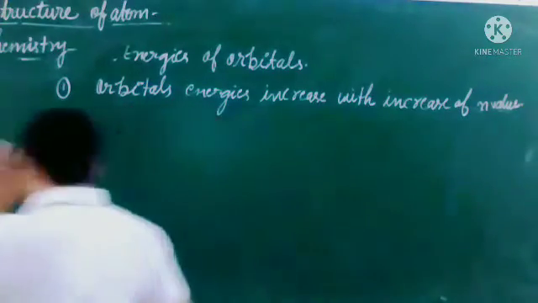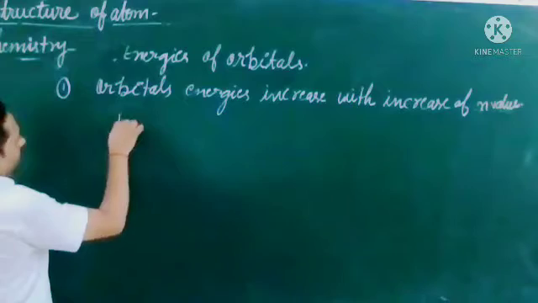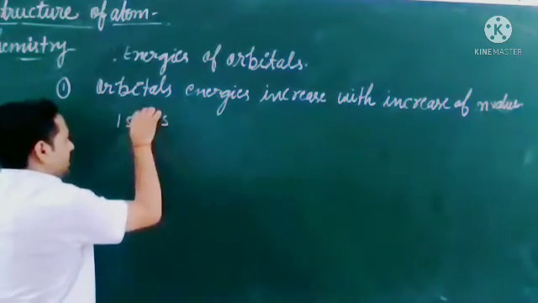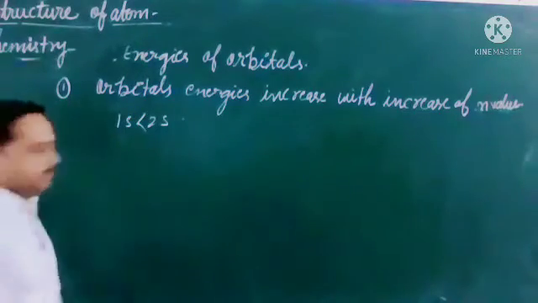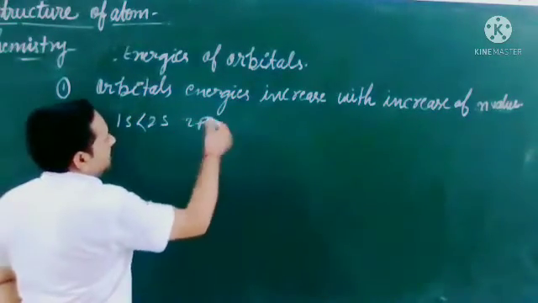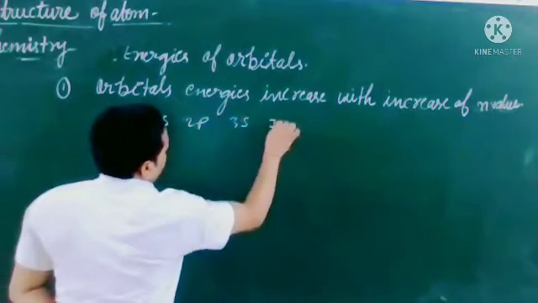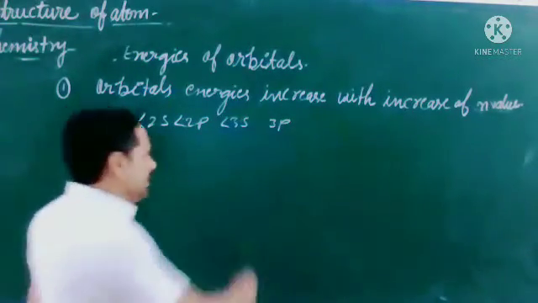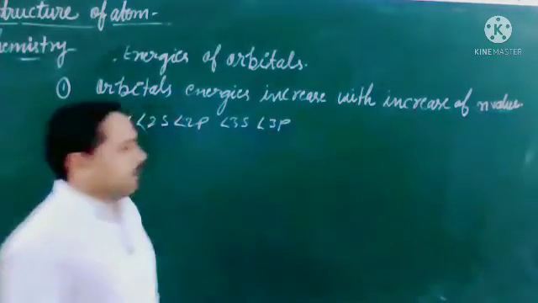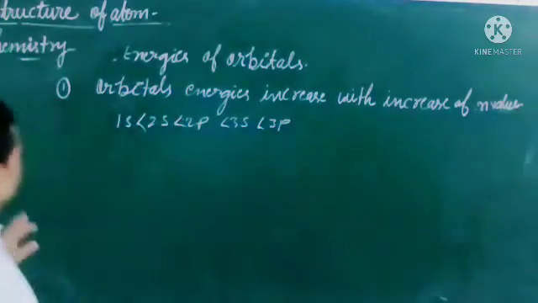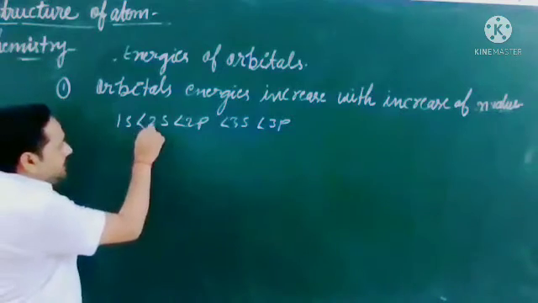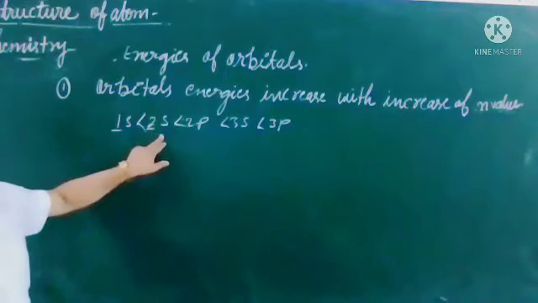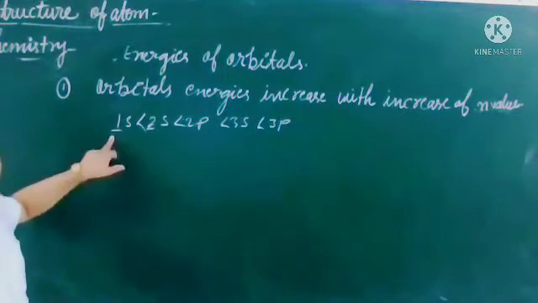Like this, take 1s, 2s: energy is increasing, and likewise 2p, 3s, 3p. Here the n value is 2 and this is also 2, so the energy of that orbital is higher than this.